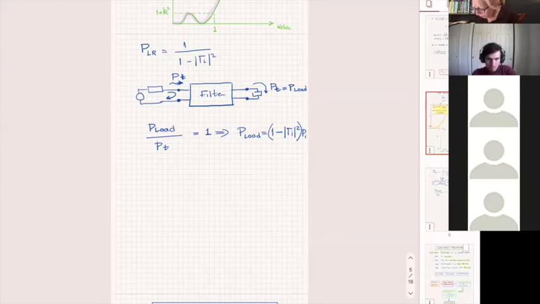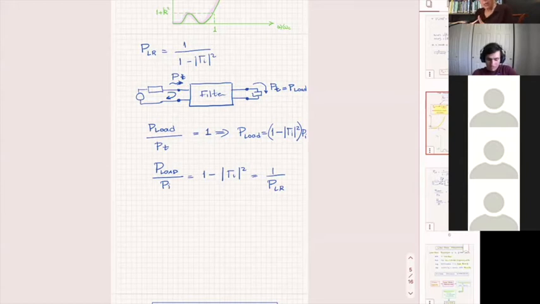So if I look only at power at this point, your P load over your P incident from the source is 1 minus gamma sub I squared, which is the inverse of PLR. Okay, that means something to me.